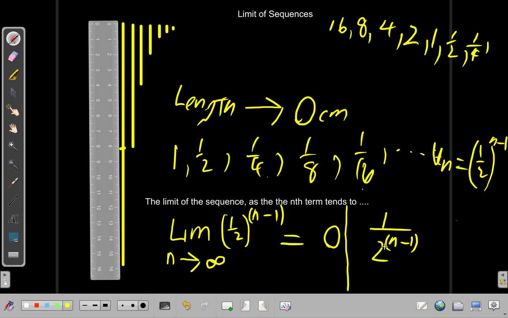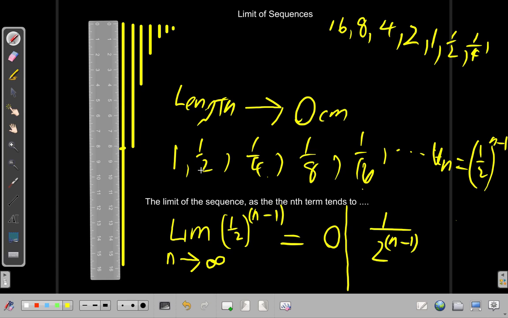But there's something here that you want to say. This number in the denominator will get larger and larger and larger. However, when you work it out, 1 divided by a large number is a small answer. Just like how 1 divided by 2 is a half.